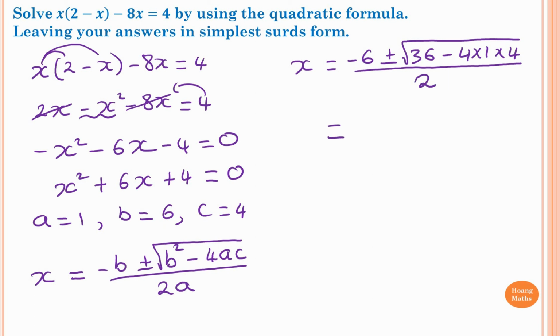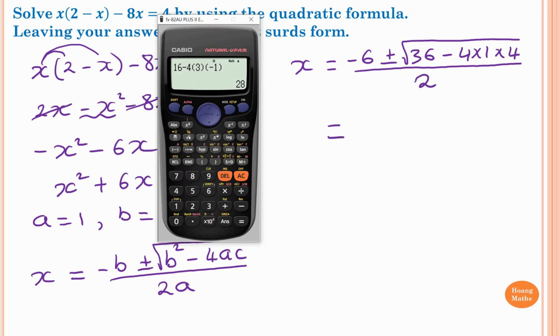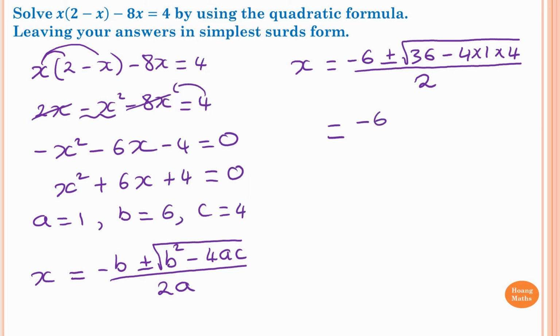Which equals, so I do inside the bracket first, so 36 minus 4 times 1 times 4, that gives me 20, so negative 6 plus or minus the square root of 20, over 2.